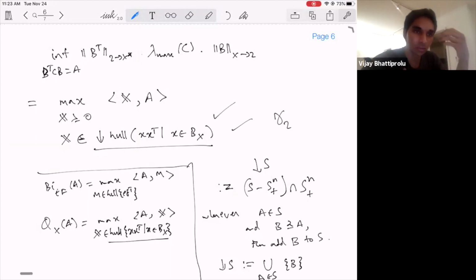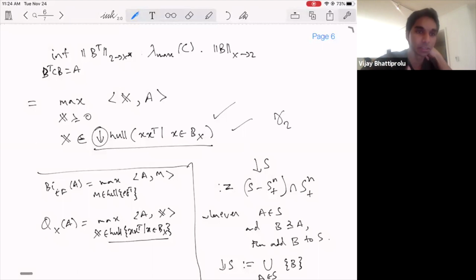So it's more about this difference between the factorization norm and what set you optimize over, versus the usual bilinear maximization and what set you optimize over. If I removed this arrow here, I would just get back the original quadratic maximization. But if I place that arrow there, I get the factorization quantity. This is the content of the theorem. If I'm not maximizing over the hull of outer products, but over the downward closure of the hull, a bigger set, now I actually get this factorization quantity.